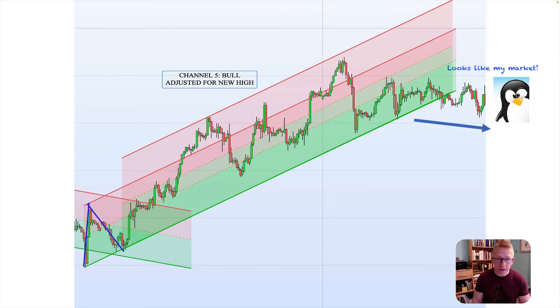If we believe that they may be useful, the initial problem is identifying when they've actually started. 3 data points might be insufficient or too early to create a meaningful channel. Alternatively, we could wait for more data points, but by which time the trend may have started to fail, and we've reduced the power, the profitability of any strategy we have.